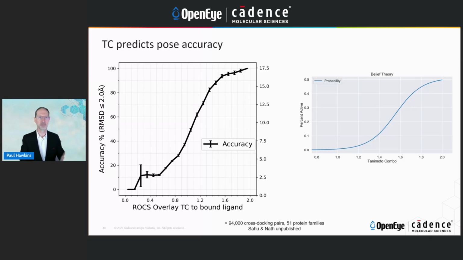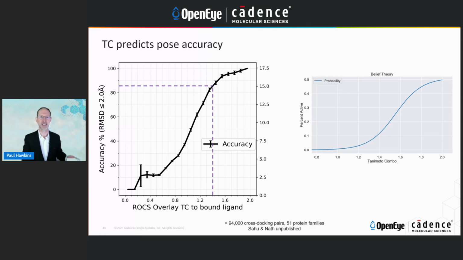So with this probability assignment curve in hand, we can do something really rather powerful. We can take the Tanimoto combo, the raw score, directly out of ShapeFit, and we can translate it very easily into a pose prediction accuracy. So here, if our Tanimoto combo between a new molecule and the crystallographic ligand is 1.4, we get a pose prediction accuracy of 85%.